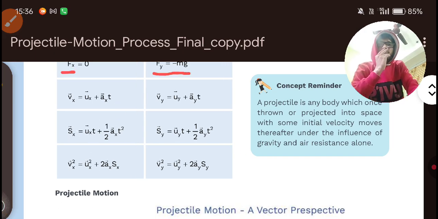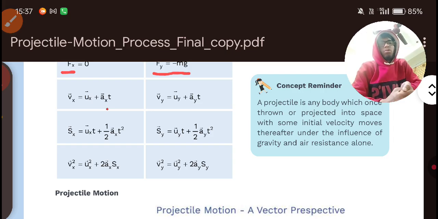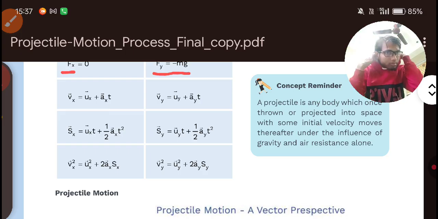Look over here. We have the formula v is equal to u plus at.